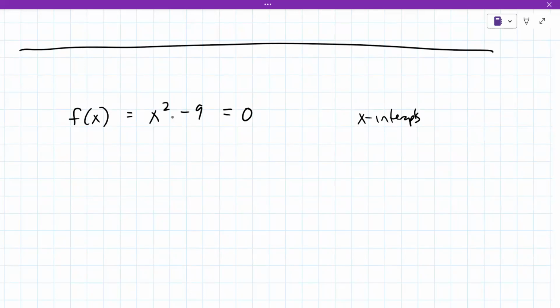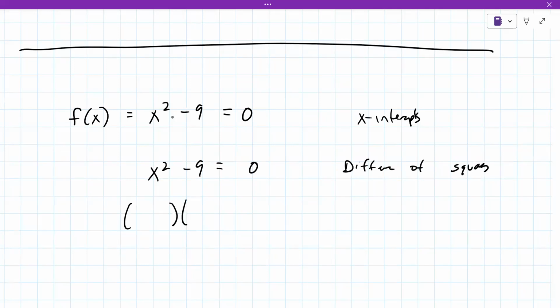So when you set this equal to 0, x squared minus 9 equal to 0, this is now difference of squares. Do you remember that at all from earlier in the year? A little bit, yeah. Okay, so there's two things that multiply together and it's based on this value right here, this 9. What number, kind of like the last problem, what number when you square it gets back to 9? 3.